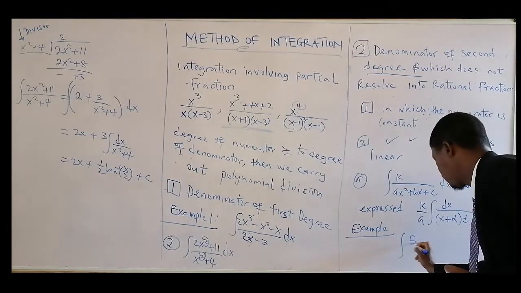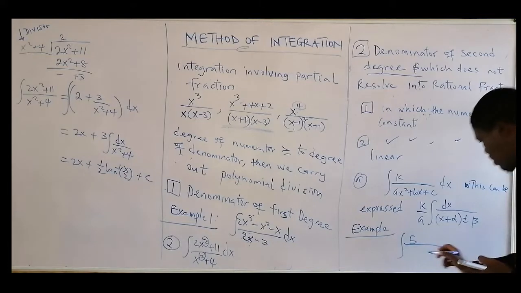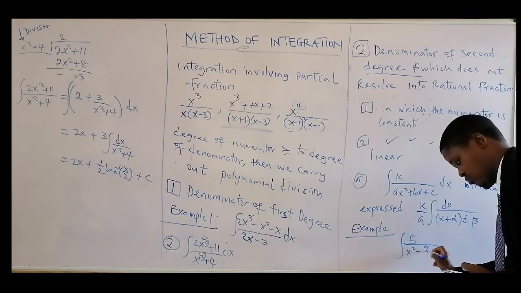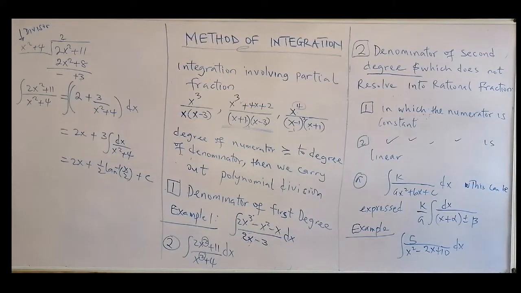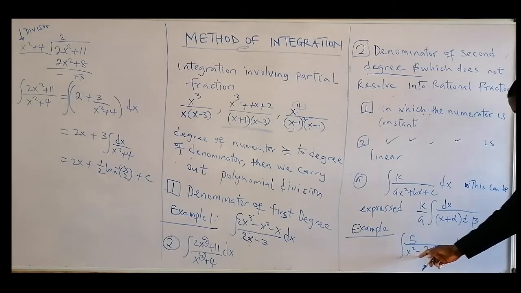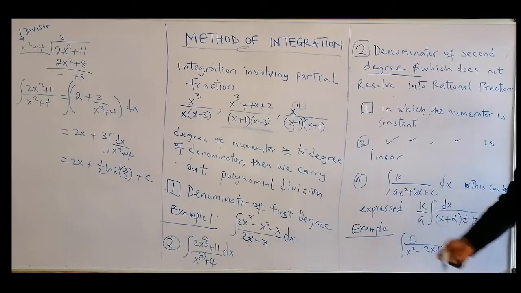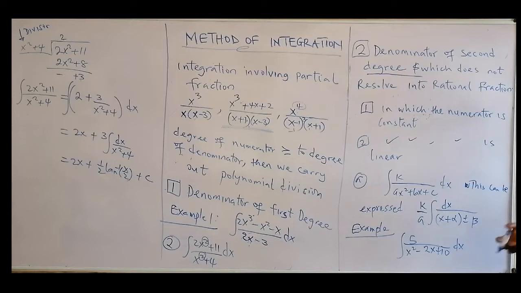Integral of 5 over (x² − 2x + 10) dx. So this is what we are seeing, whereby you can't express this into a linear factor. The only way you can resolve this is into sum of squares using the completing the square method.